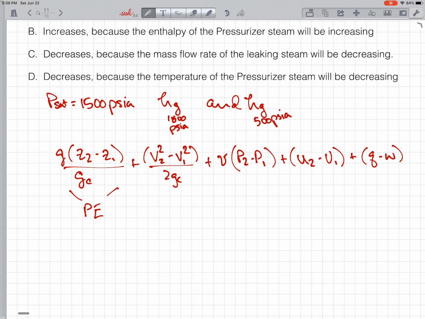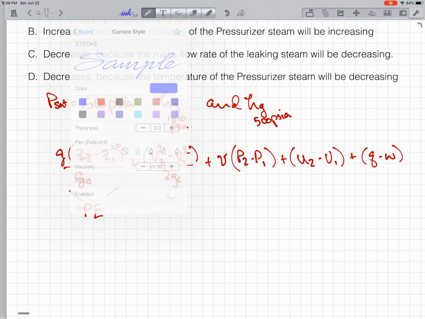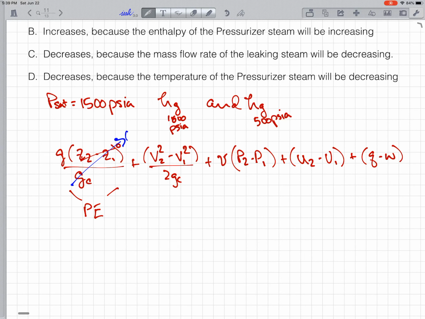Potential energy is right here, mgz is the usual formula for that. There's no big elevation change, so z1 minus z2 is pretty much going to be 0. V2 and V1 are going to be the same thing, so we're going to make this go to 0 too.